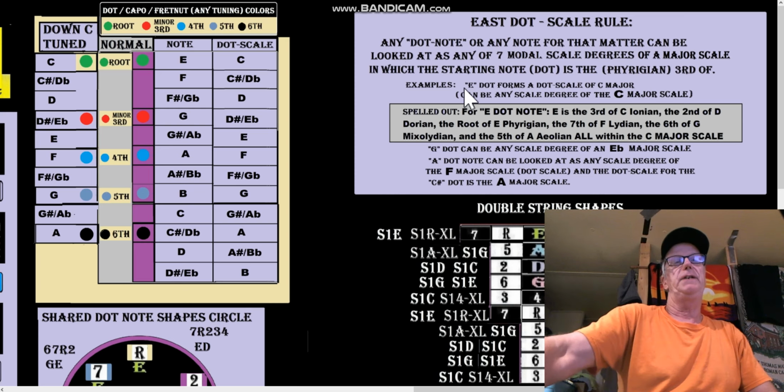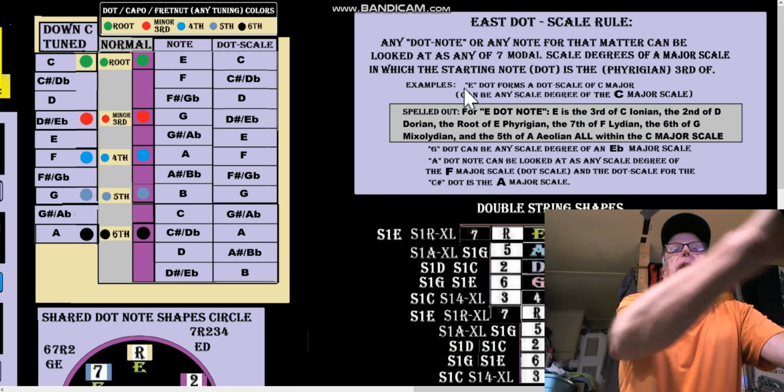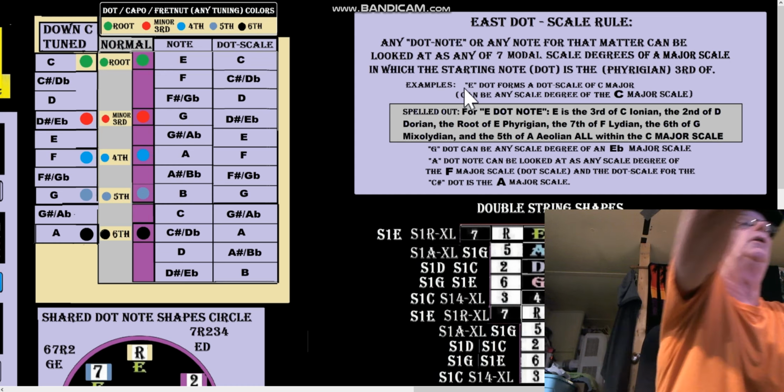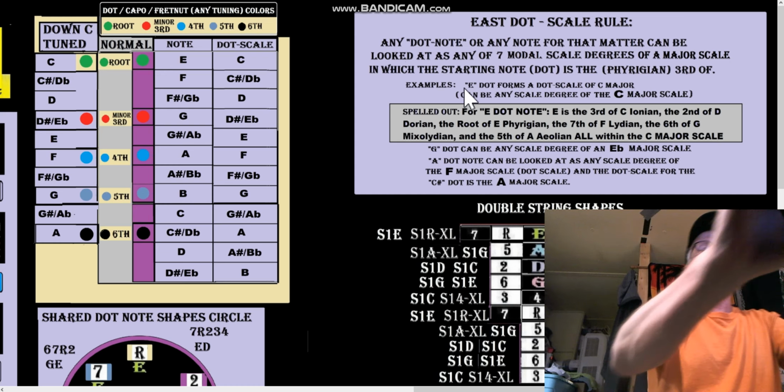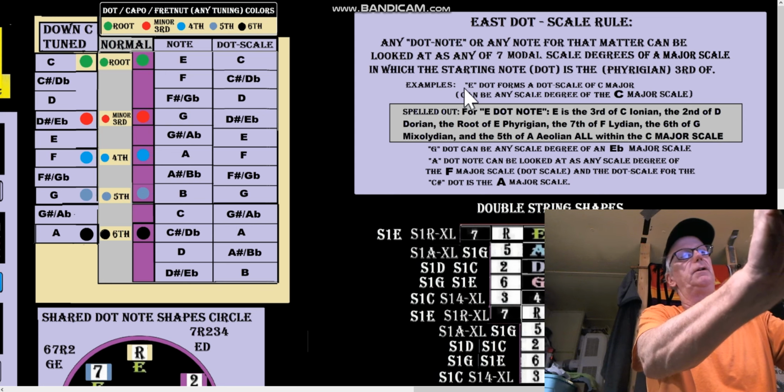So for the A note, the dot scale would be F. And you can actually start on F, say down here lower, and you can hold an A here, and you can say, what is A of that F scale? It's the third of an F scale.